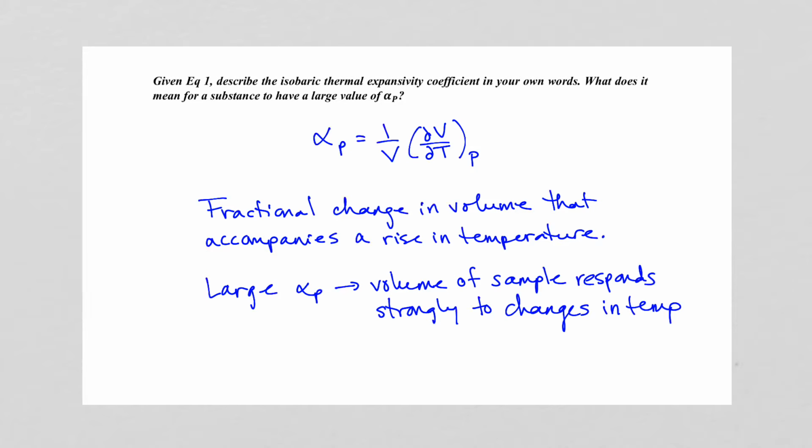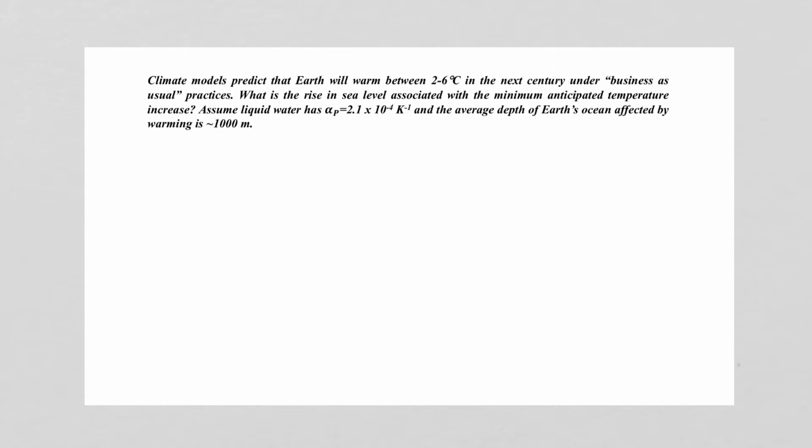If you're thinking about very large volumes of water or volumes of another substance, that relative change in volume with the change in temperature is not going to be as significant as if you have a smaller sample size. Okay, so let's put this expansivity coefficient into practice with a simple example.